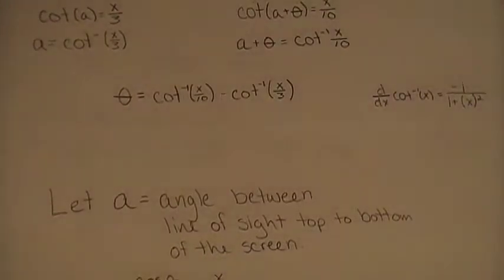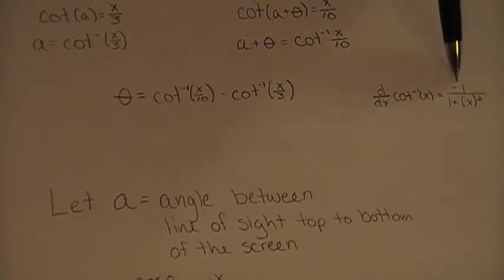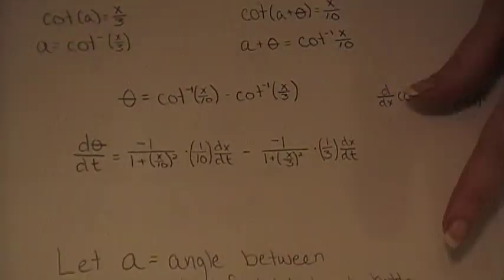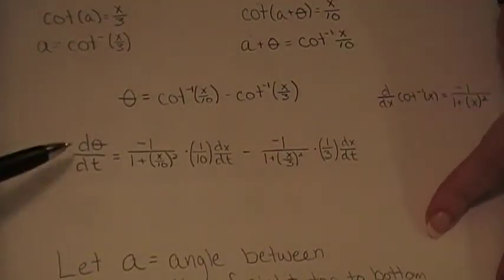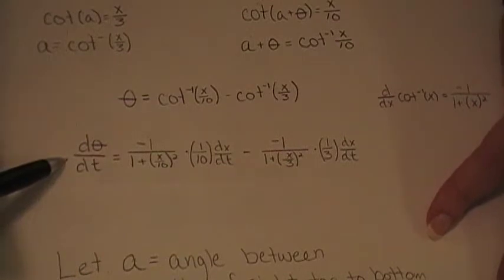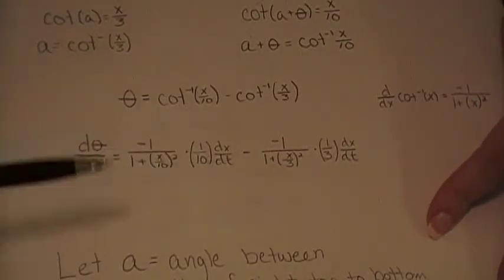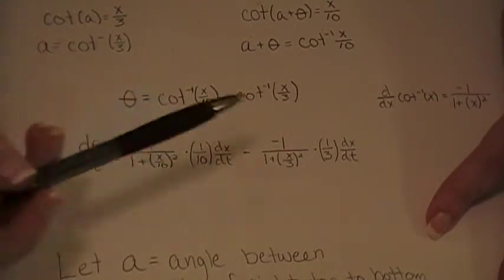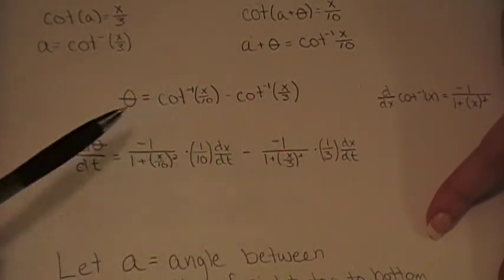Then we want to remember that the derivative of the inverse cotangent is negative 1 over 1 plus x squared. We want to go ahead and find that, and we're going to use the chain rule. So we're going to plug in x over 10 and x over 3.